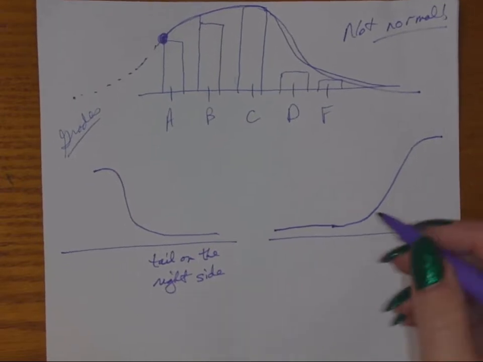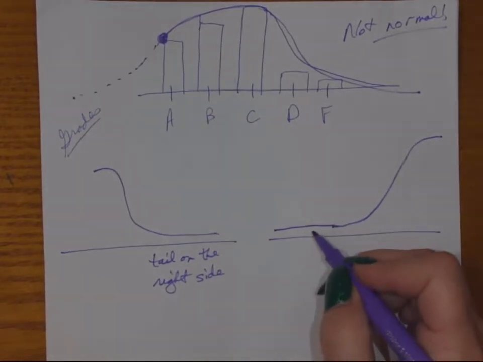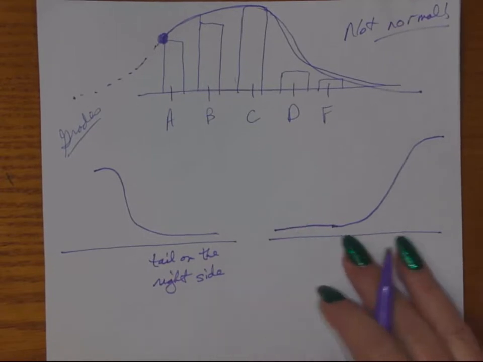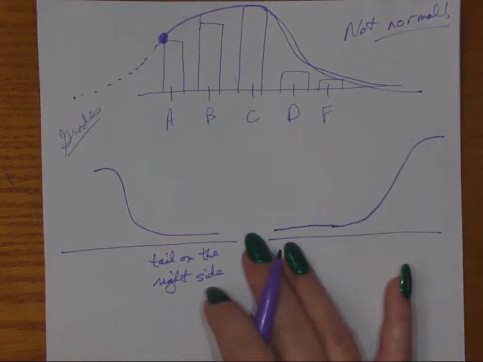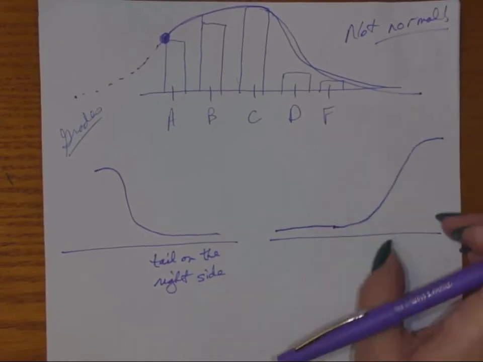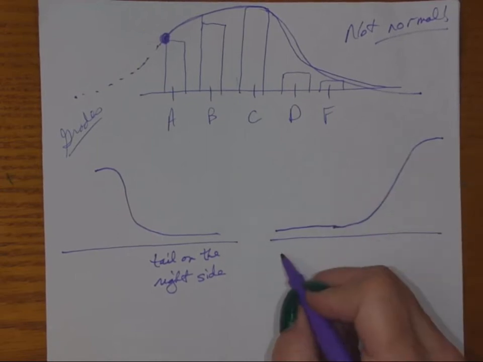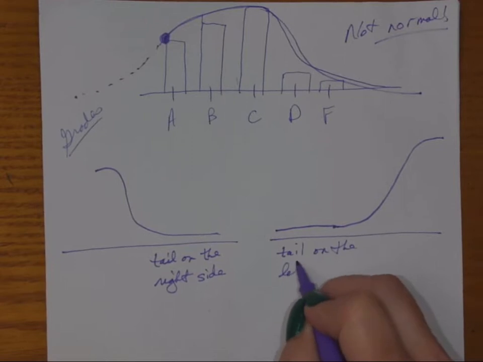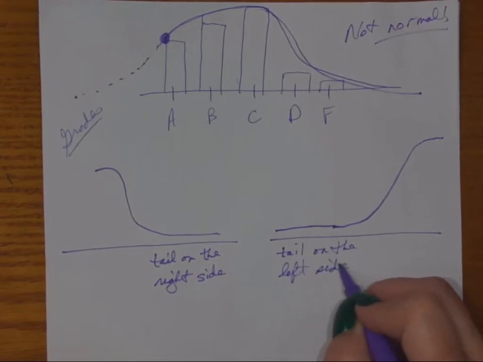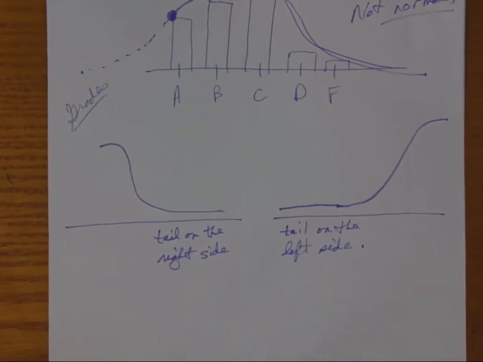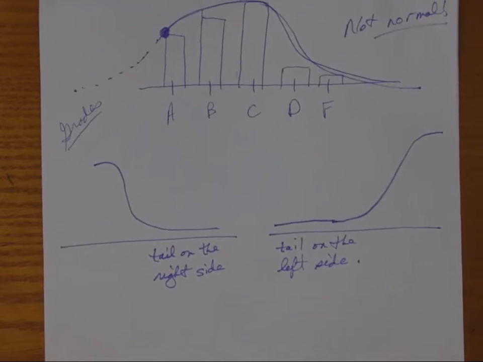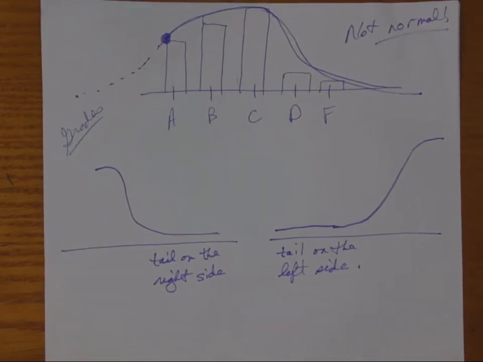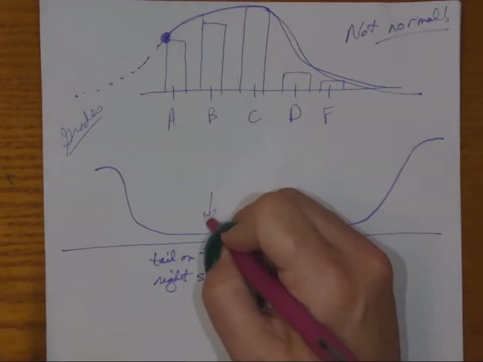So if it looked like that, I'd have maybe a few measurements down here for the small tiny feet pulling the tail that direction, but the majority of my class would be right in the center. So this would be a tail on the left side. Okay. And probably if we did some calculations, we might be finding out, are there any outliers in this area?